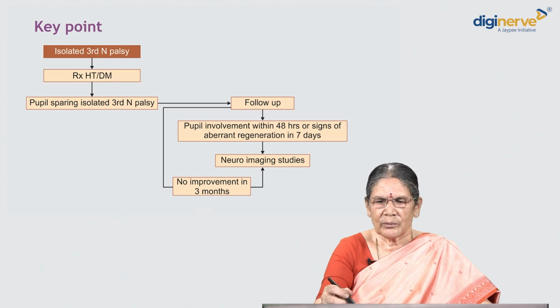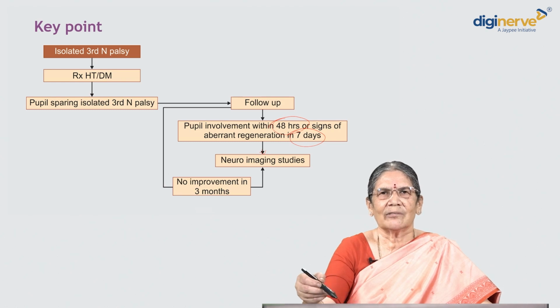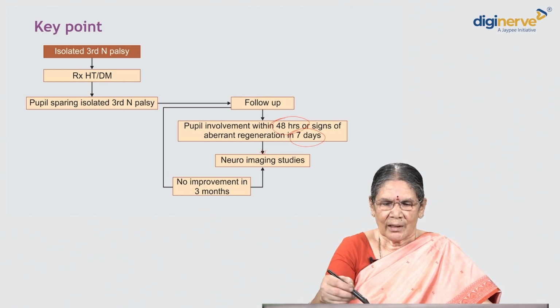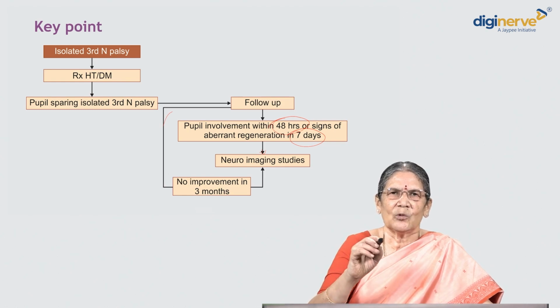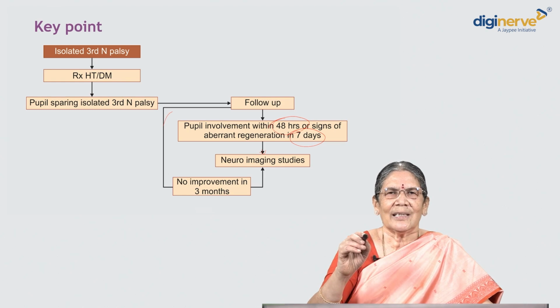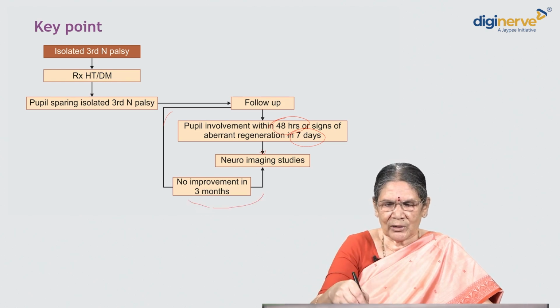When you follow up, if you see pupillary involvement a few days later, or aberrant regeneration in a week or 2 weeks' time, you have to order neuroimaging to rule out other pathologies we might have missed. Or whenever there is no improvement at all, you have waited for 3 months, there is no sign of improvement, even if you have done one MRI scan earlier, there is no harm in repeating it once more to rule out any other pathologies.